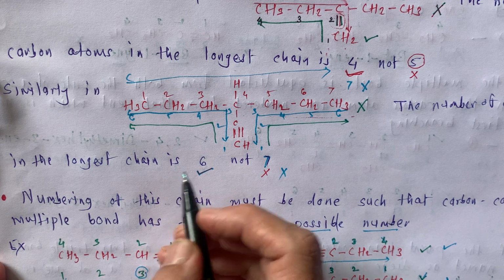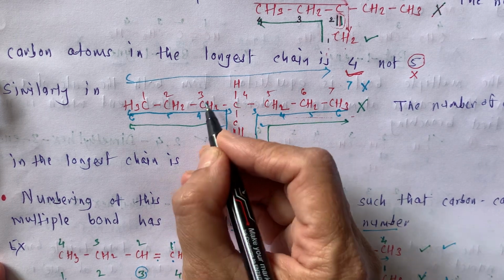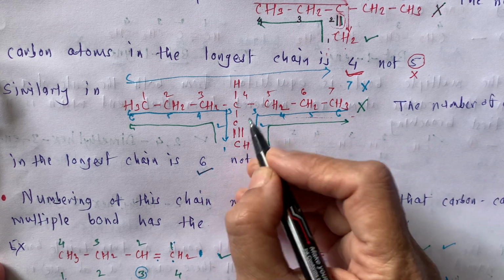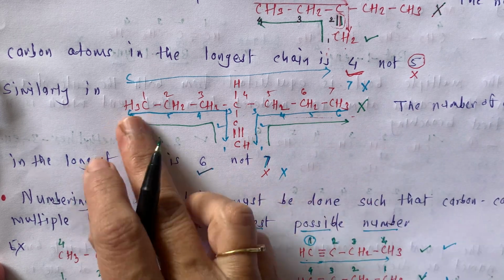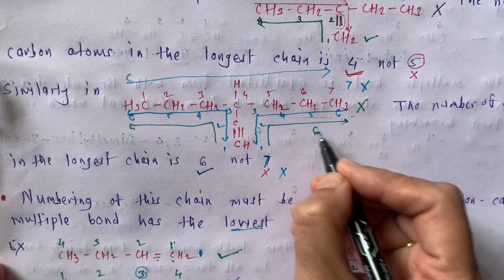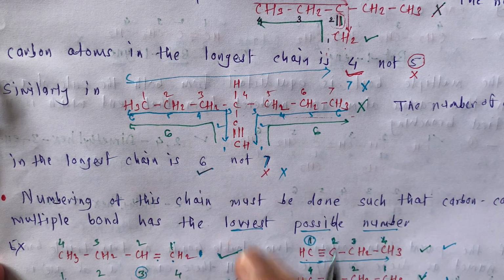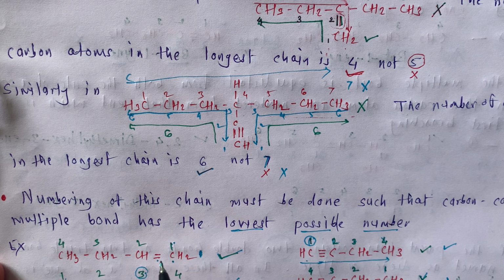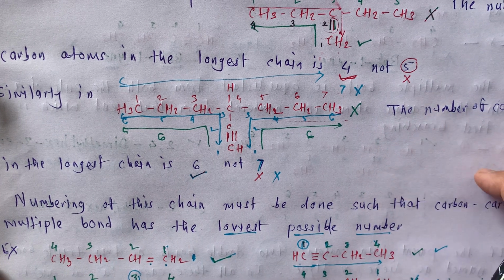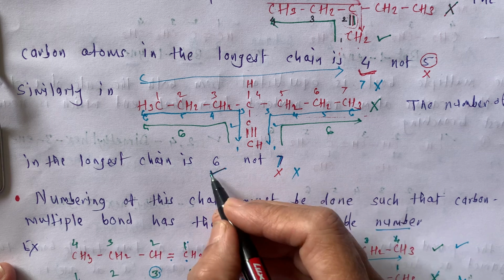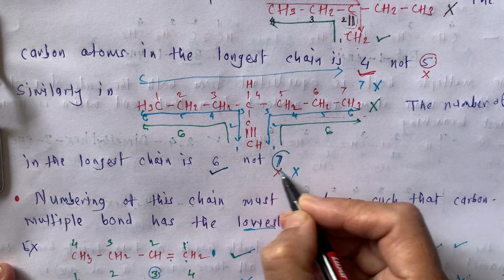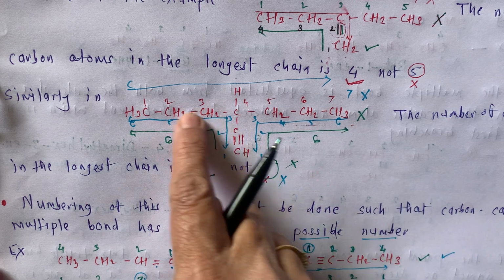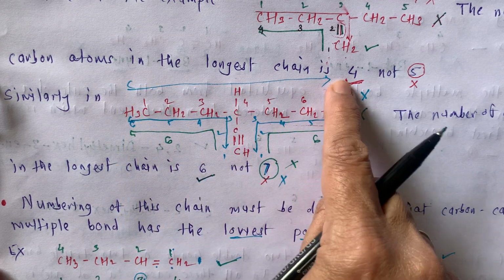So how many carbons are there? 1 2 3 4 5 6, or you may go like this also, 1 2 3 4 5 6. Both are of 6 carbons, so you can consider any one. That doesn't make any difference. It means the number of carbon atoms in the longest chain is 6 and not 7. You should consider this chain or otherwise this chain, but not this one.